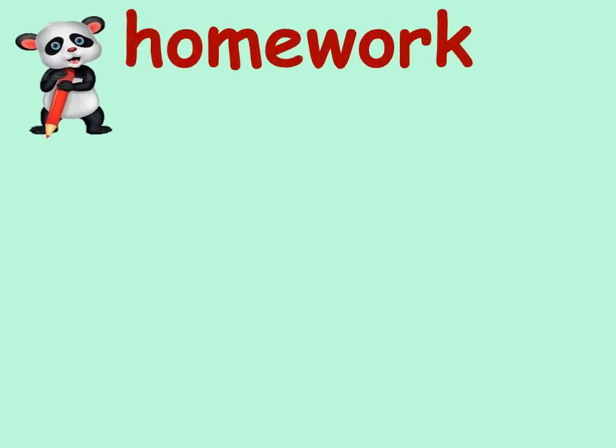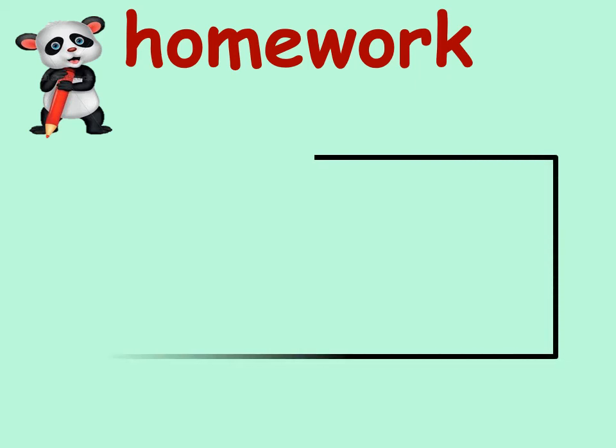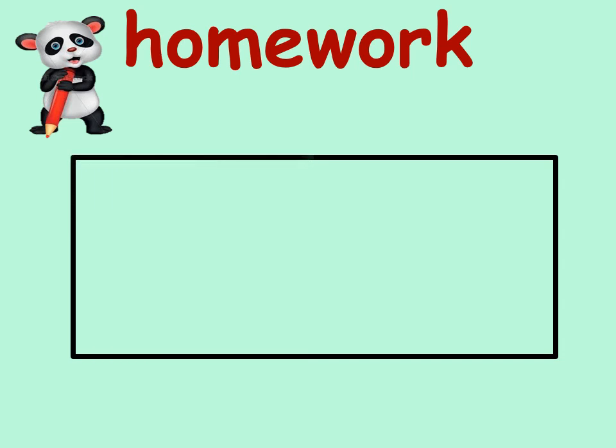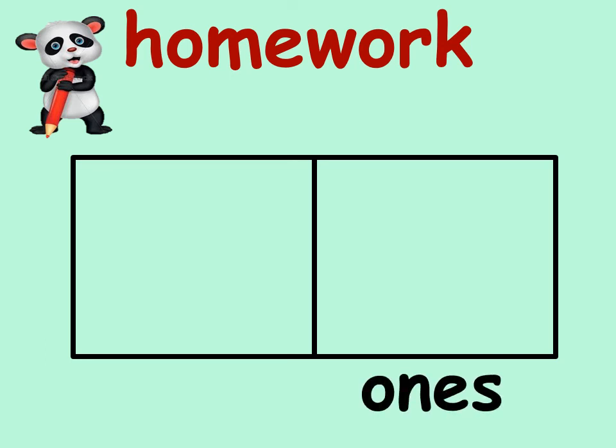So first thing you're going to do is draw a rectangle, just like this. Nice big rectangle. And then in the center of the rectangle, you're going to draw a line down like this. So it gives you 2 squares. And then I want you to write the word ones, O-N-E-S.